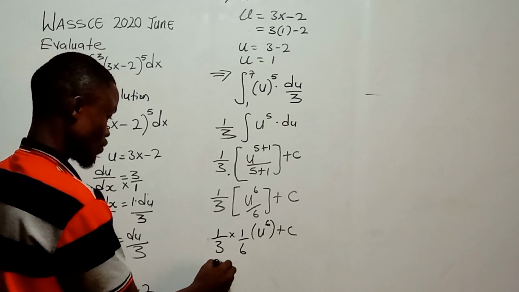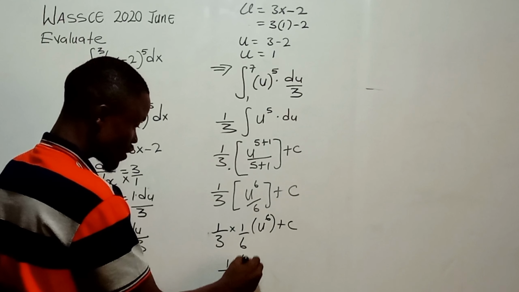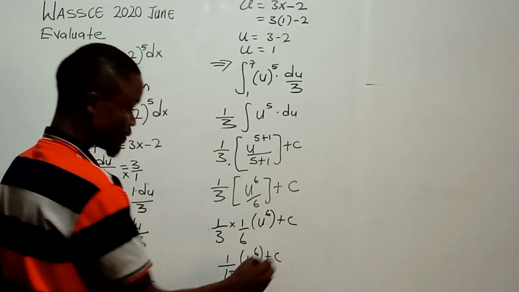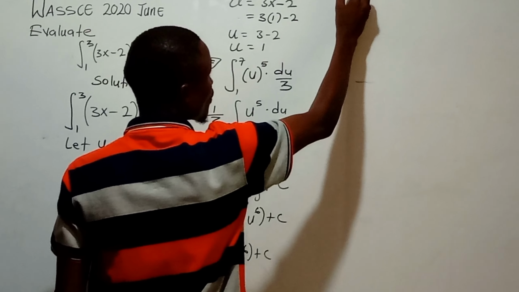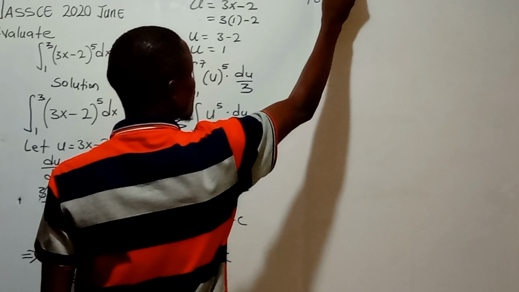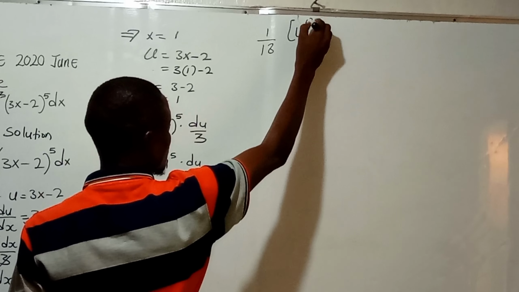So 3 times 6 is 18. So we have 1 upon 18 into u raised to the power 6 plus c.